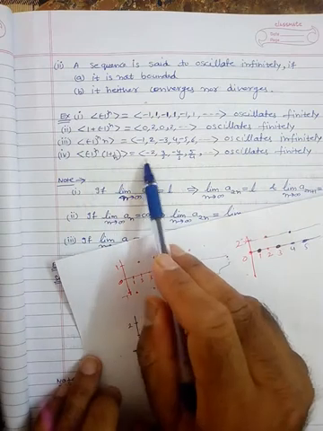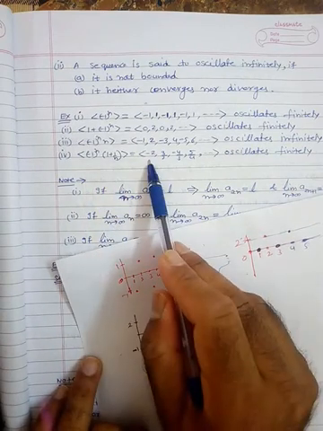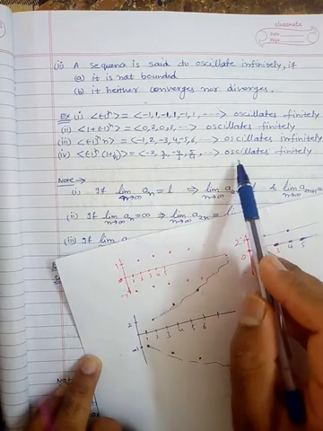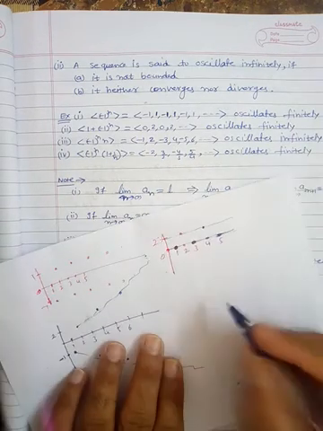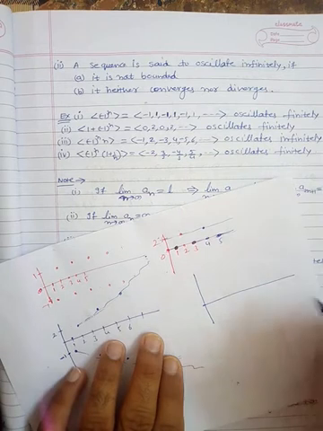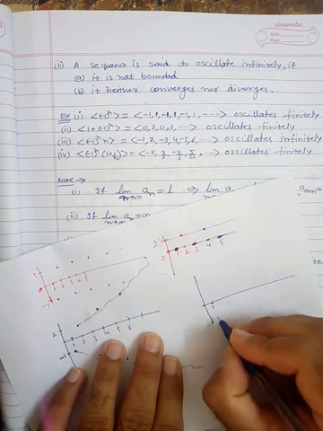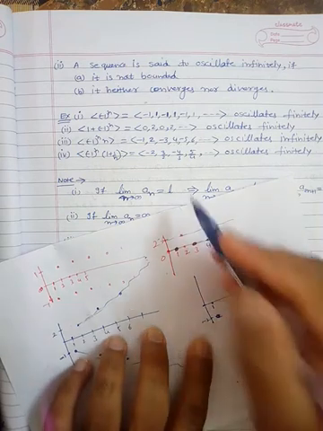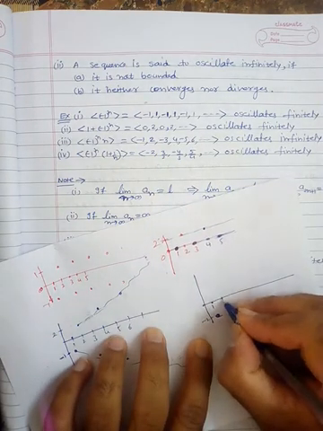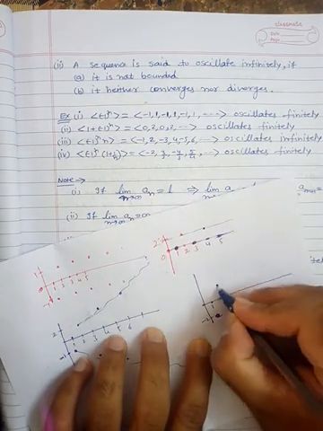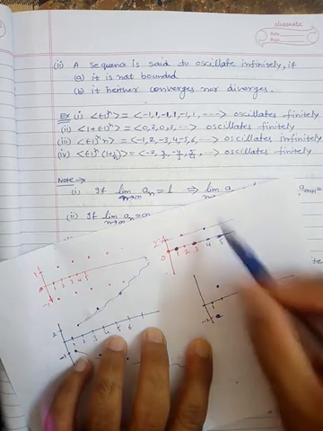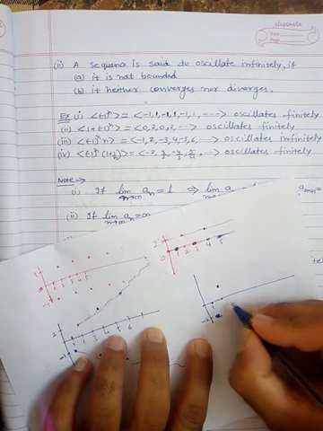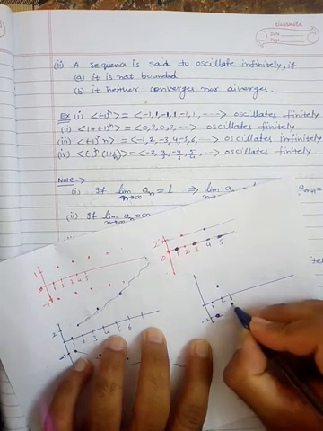Here is the next example. Put n equal to 1, we get -2. Put n equal to 2, we get 3/2, and so on. If you draw the sequence, n equal to 1 gives -2. For n equal to 2, we get 3/2, which is here. The next term will be -4/3, which will be here. This is for 3.